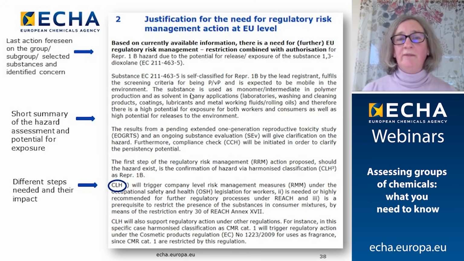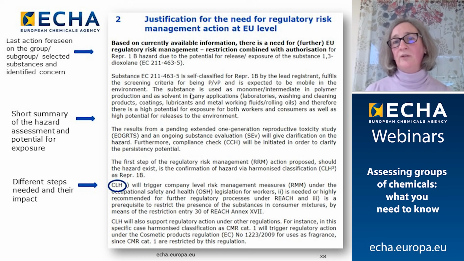Then you will find section 2, which is there to explain the action we foresee on the substances, or the no action, and some justification. The justification will start by making clear what we foresee as the last action on the group, and in that case it is a restriction combined with authorization.